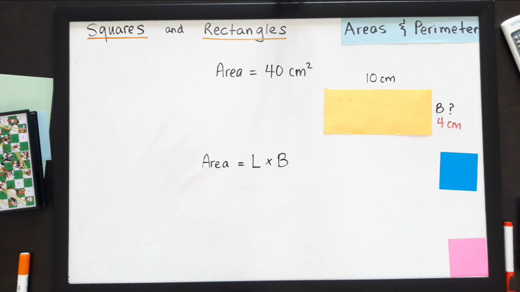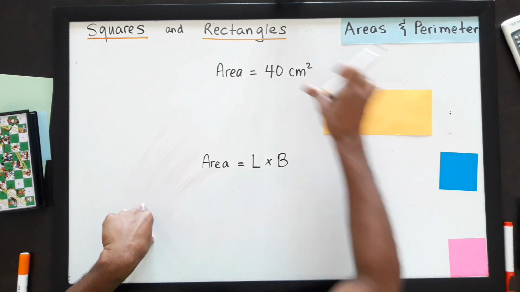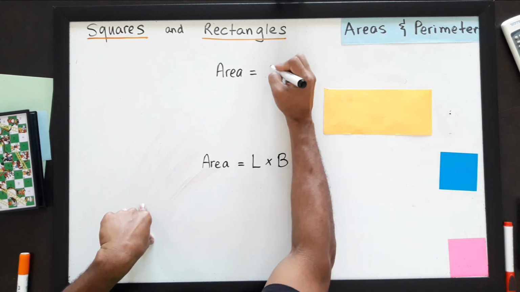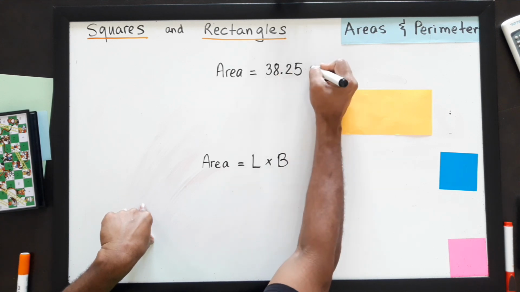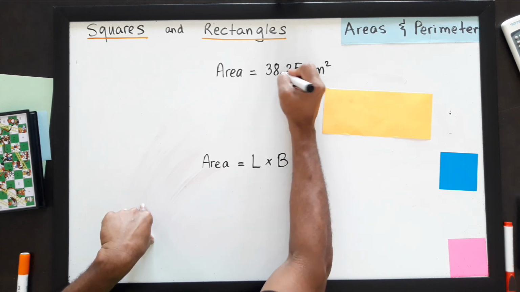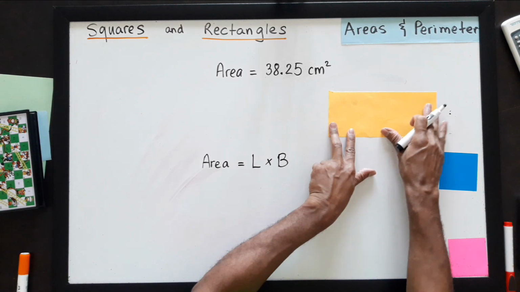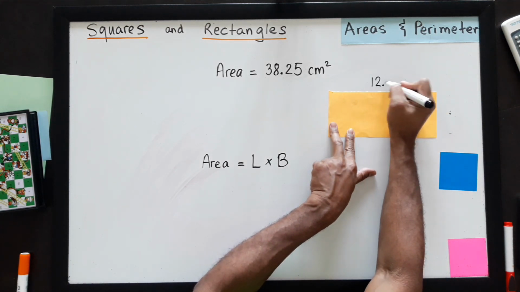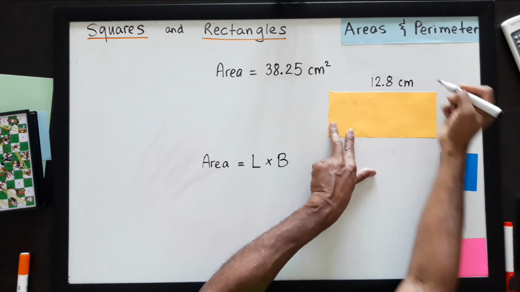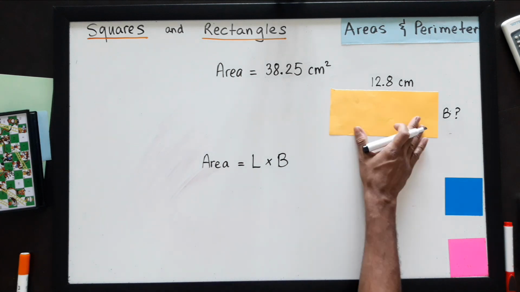Let's say that I tell you the area of this rectangle is not 40, but 38.25 centimeters squared. Right off the bat, you see this is not an easy number to be dealing with. And now I tell you the length is 12.8 centimeters, and you need to once again find the breadth or the width.